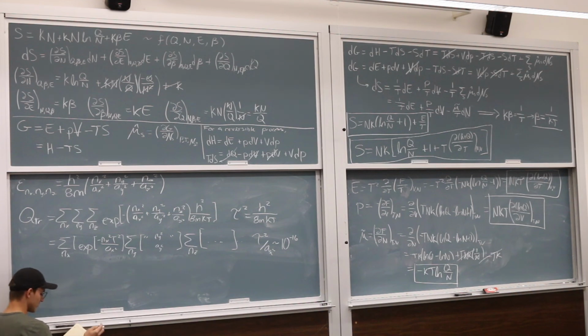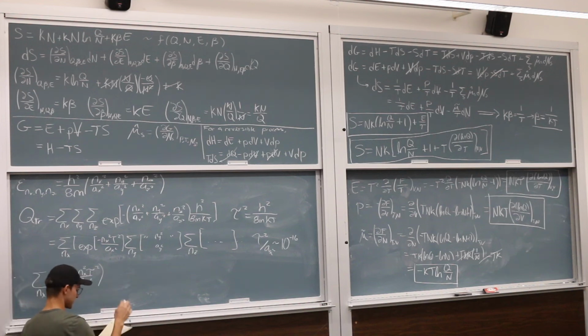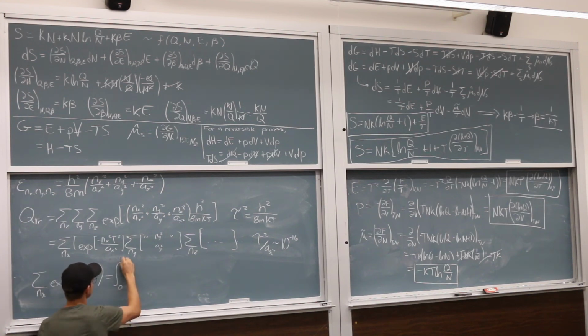And then we know what this integral is. So we're going to take the sum over nx of the exponential of minus nx squared tau squared over ax squared, and because tau over ax is very small, I'll explain if you guys want to stay after class why this assumption makes sense, but I want to get to the final result here.